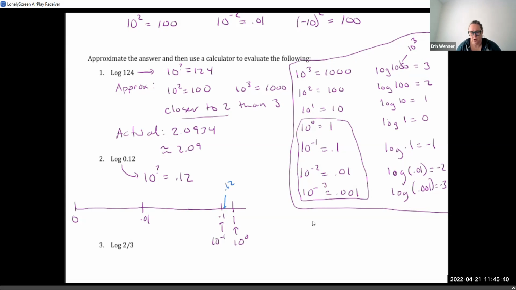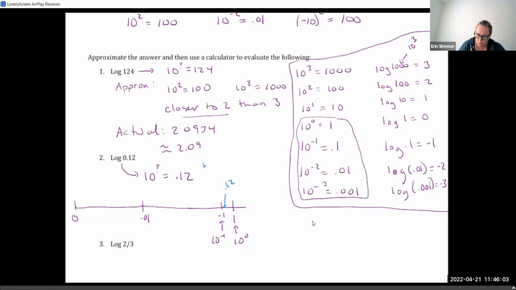It lives between 10 to the 0 and 10 to the negative first. It's closer to the -1 range because 0.12 is close to 0.1. So we would say it's going to be between 0 and -1, but closer to -1.